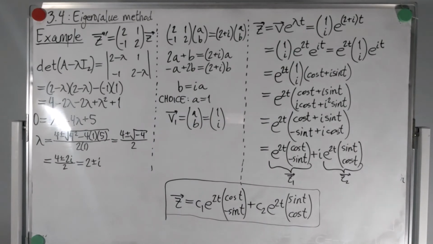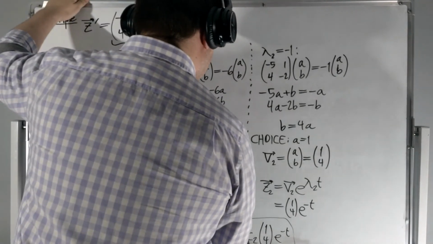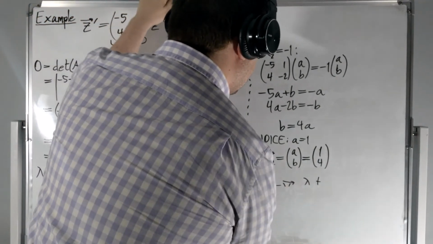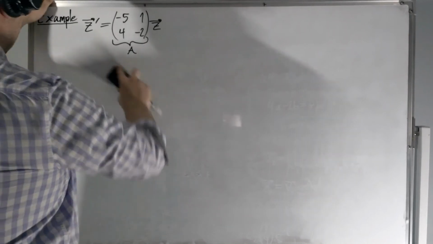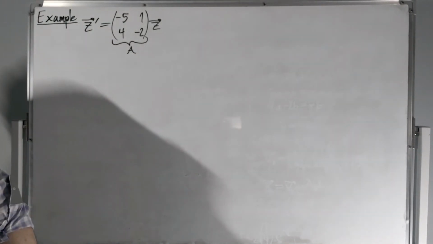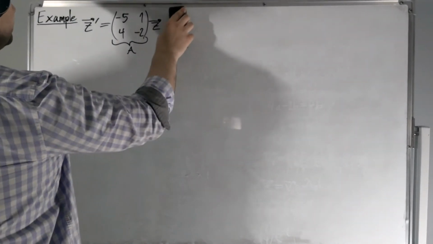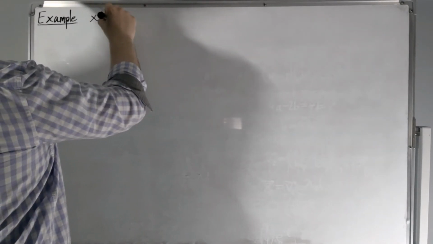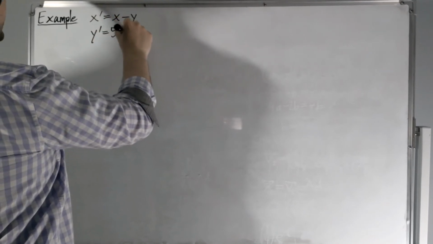Okay? So let's do another example. Let's say we have x prime equals x minus y, y prime equals 5x minus y.